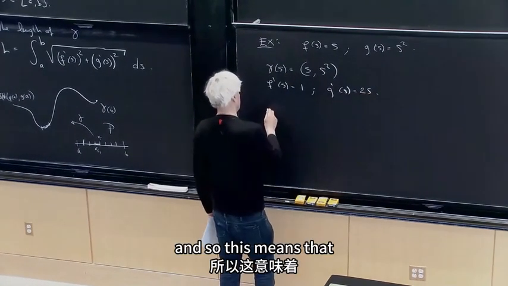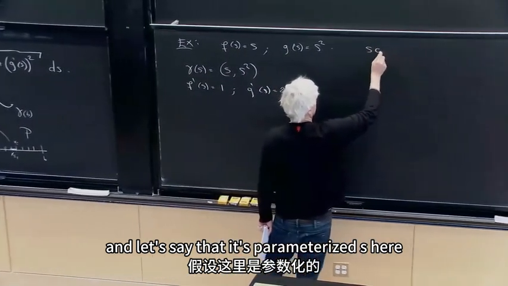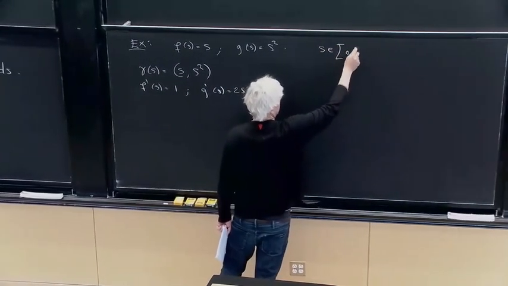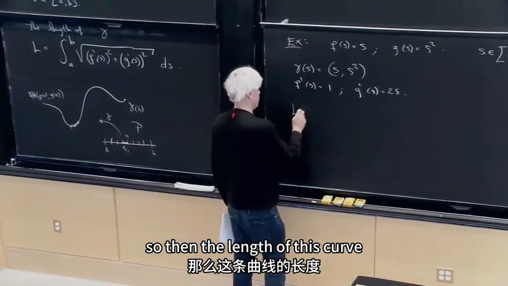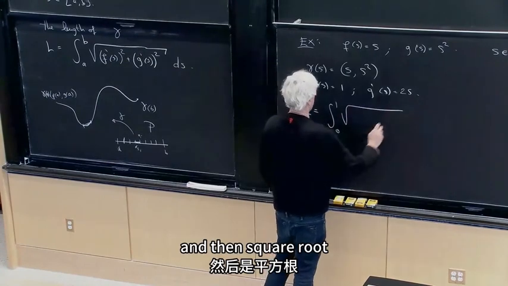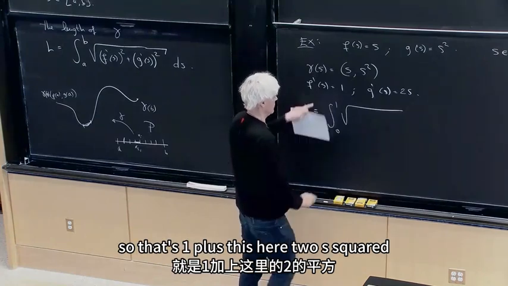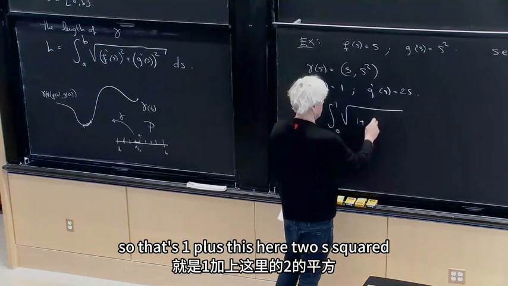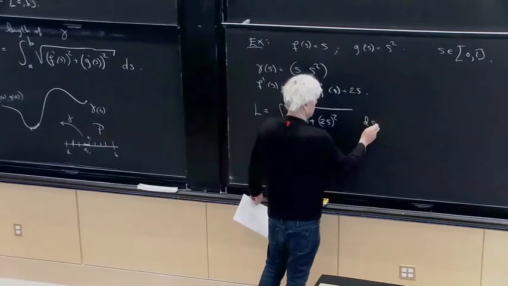Let's say that s is parameterized from 0 to 1. Then the length of this curve is the integral from 0 to 1 of the square root of 1 squared, that's 1, plus 2s squared ds.